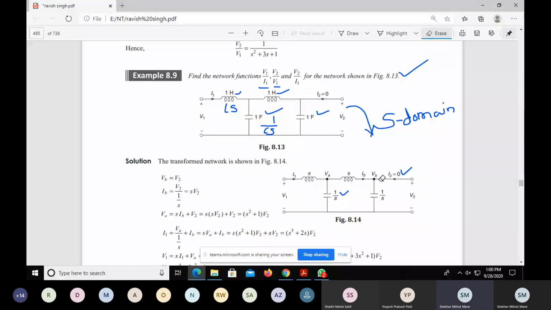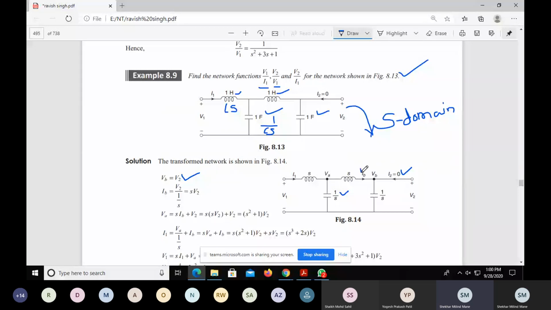There is no element in this, and I2 is also 0. So first, VB is equal to V2.